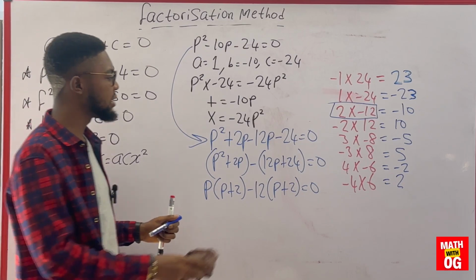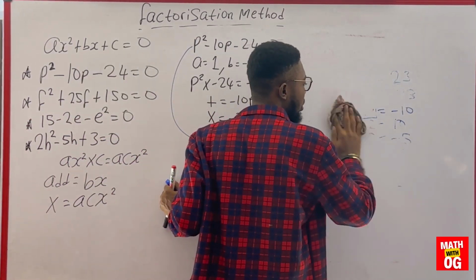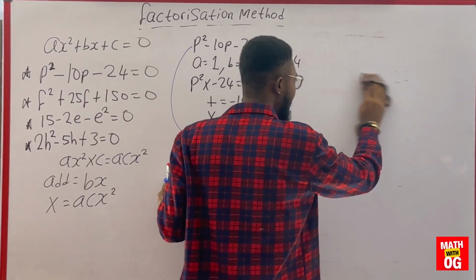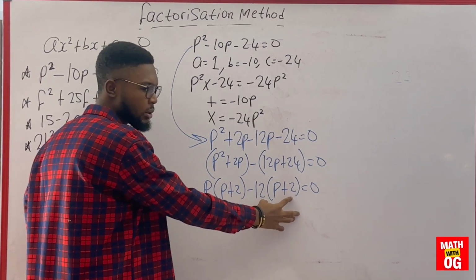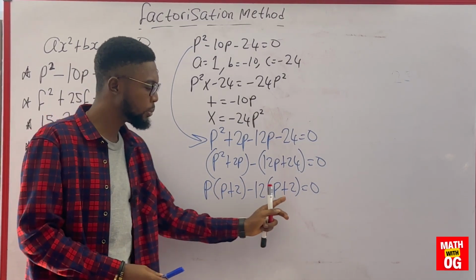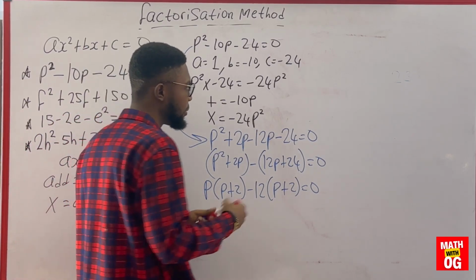Now that we've gotten that, the next step is still to factorize again. I remember when we were doing factorization under algebraic processes, I taught you how to factorize something like this, because this is one term and this is another term. So p plus 2 is common, so I'll factor out a p plus 2.